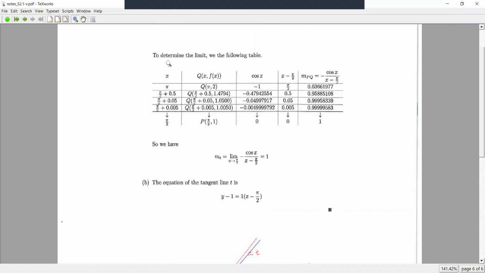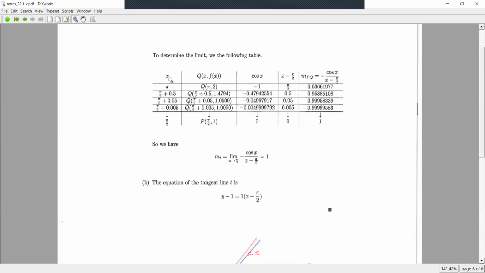The first column is for x, the second column for the point Q, this column for the numerator, cosine, and this column for the denominator. And the last column is this quotient. This quotient is the slope of the line PQ. Now, I let x approach the point pi over 2 by taking on these points.